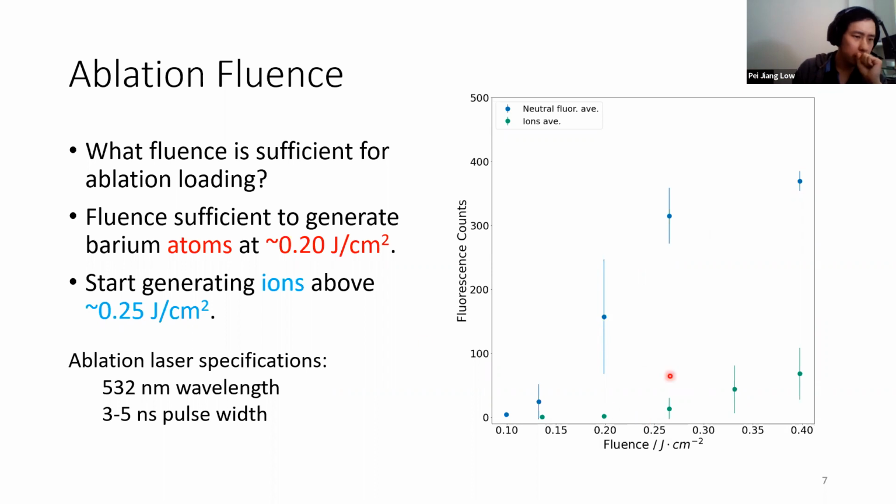This threshold is found to be above 0.25 joules per centimeter square. These green dots over here are the fluorescence of the barium ions. This is the fluorescence count of the barium ions versus the fluence, and we see that above 0.25 we start to generate barium ions directly from the target. So these are the two thresholds that we find.